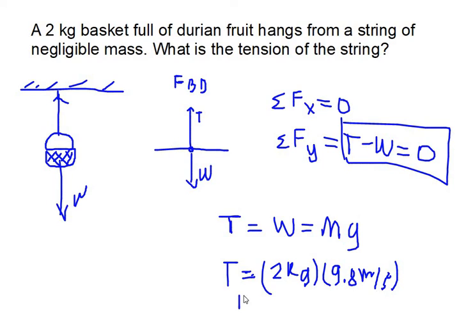So, ang atong tension diri is equivalent to 19.6 Newton. Okay? So, mao ni ang tension. So, sa paggamit sa first law of motion, basta at rest ang atong object, ang summation sa forces sa x is equal to 0, and ang summation sa forces sa y is equal to 0.